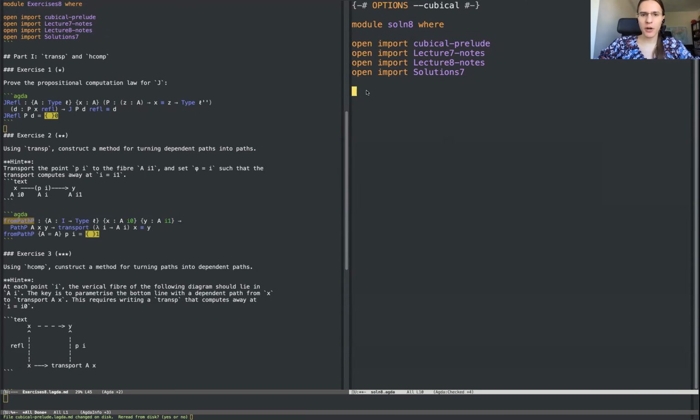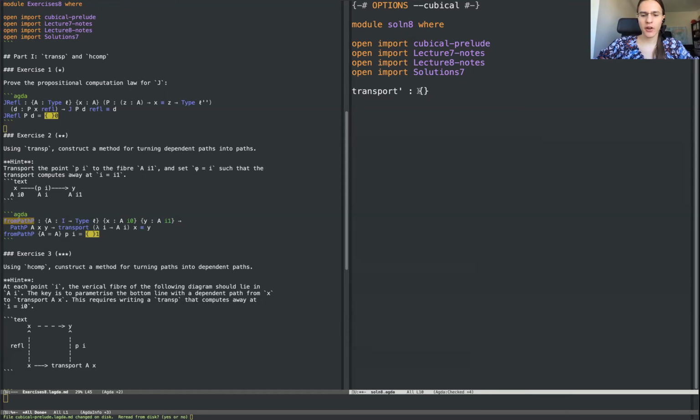So we have a primitive operation transp. And for example, we can define transport in terms of it. It's already defined, so I'll just say this. Now, what's the type signature of transport?